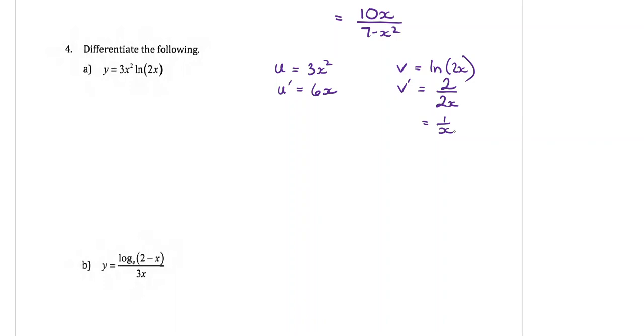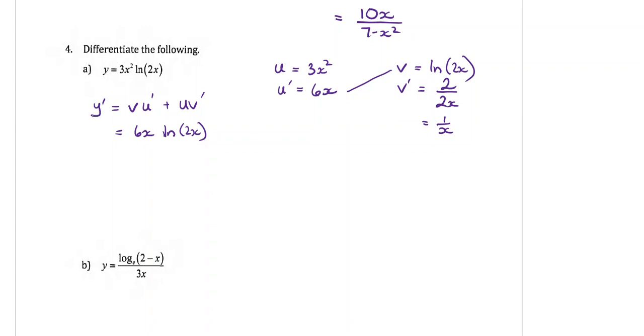Now into our VOOV. y dash equals v u dash plus u v dash. Multiplying diagonally, we have 6x times the ln of 2x.